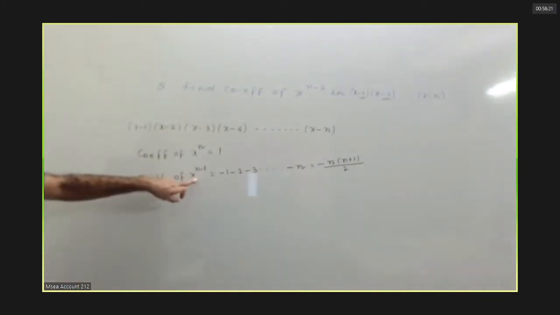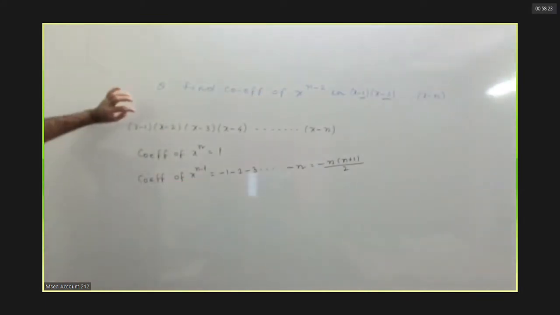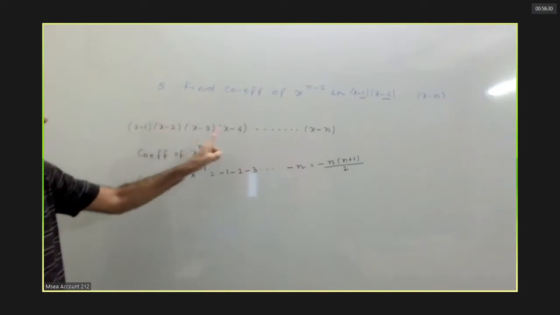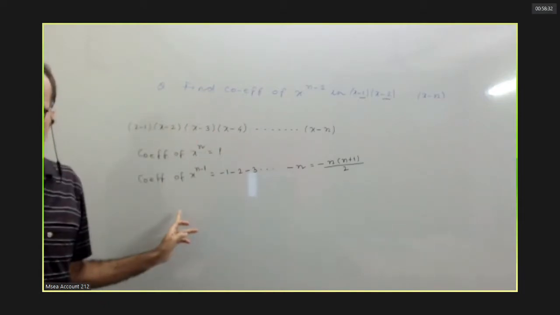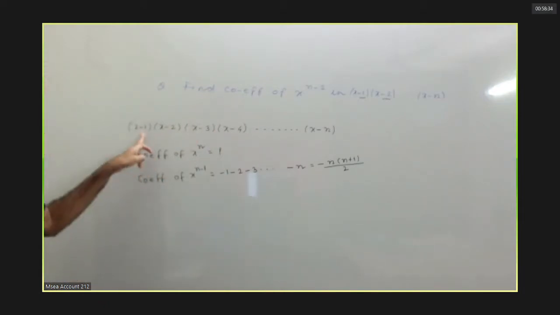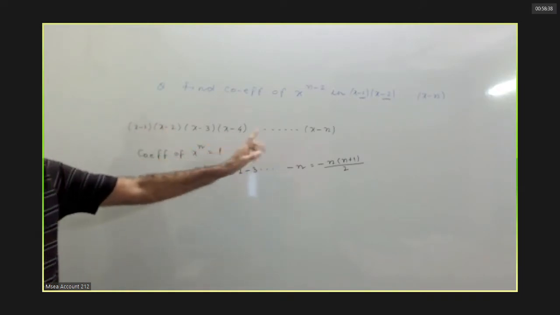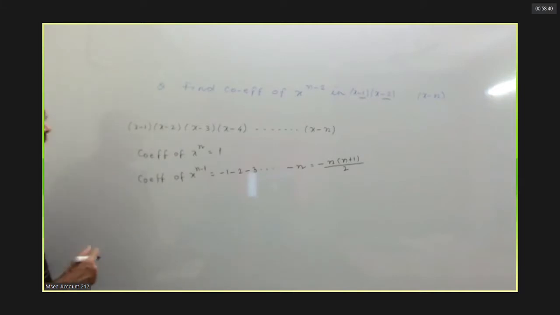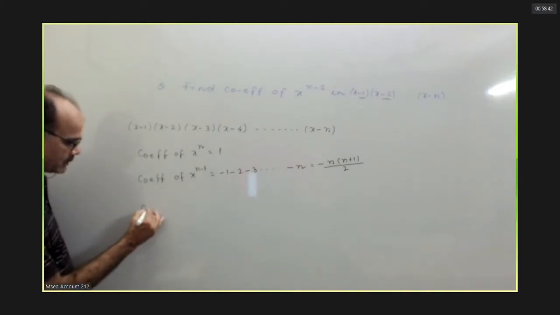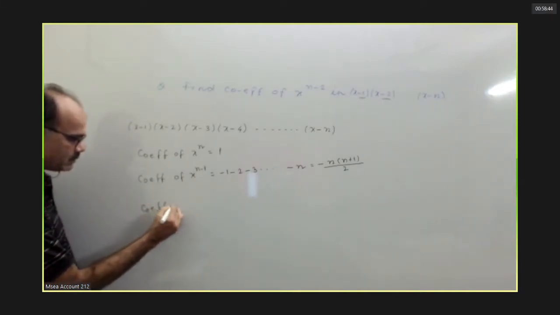So how to get the coefficient of x to the power n minus 1? In one factor you multiply with the constant, the remaining factors multiply with x, like that. Okay? -1 into x to the power n minus 1 plus -2 into x to the power n minus 1, and so on. Now what will be the coefficient of x to the power n minus 2?